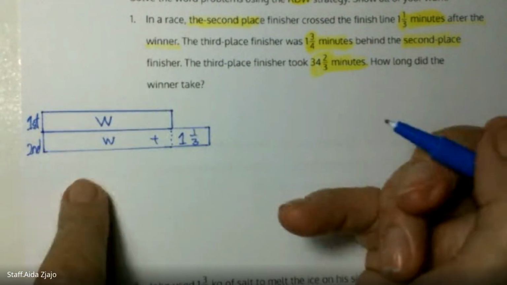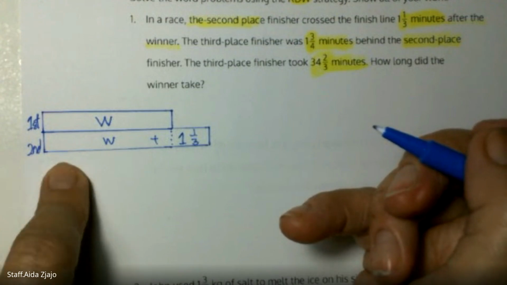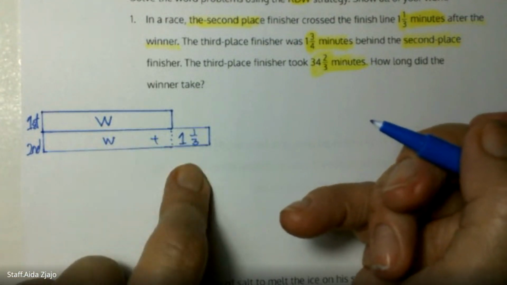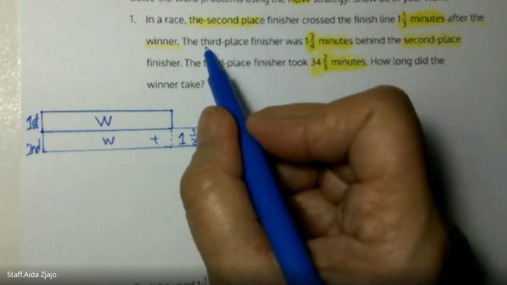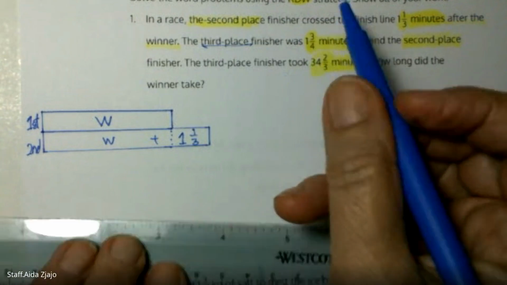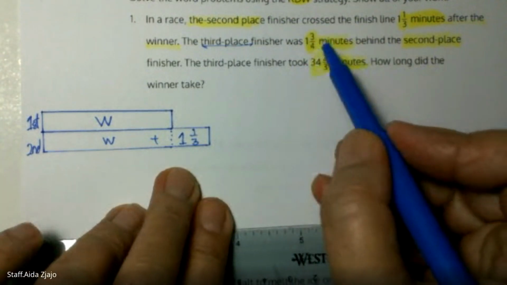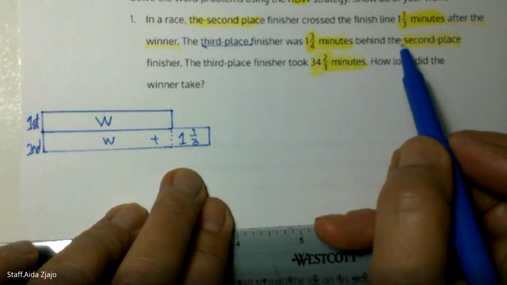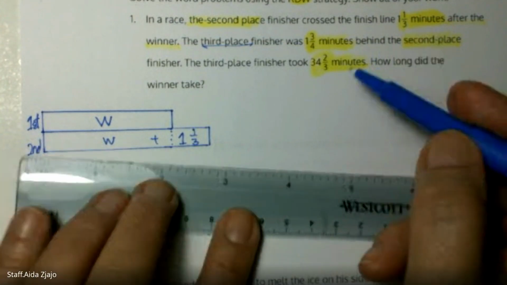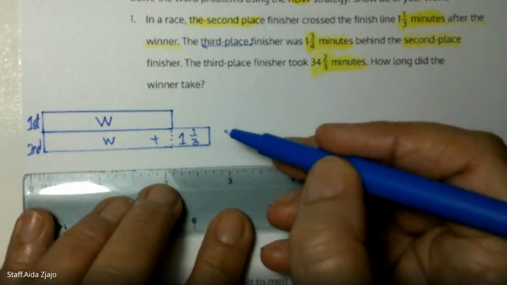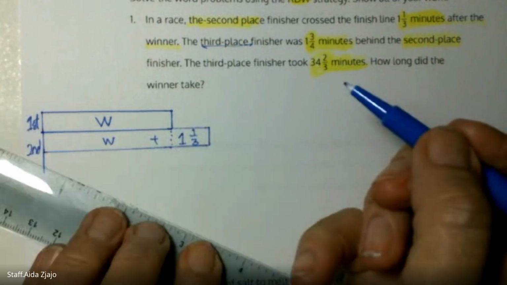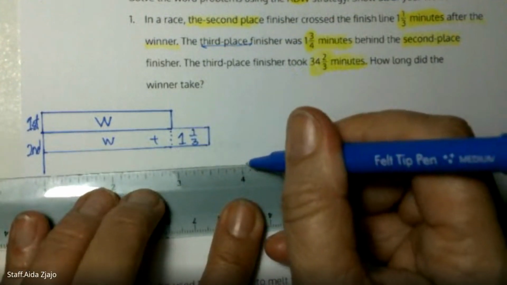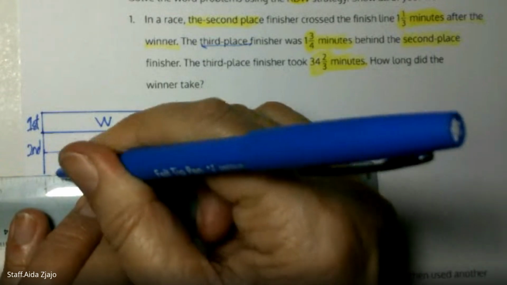And that is how we find the second place. Second place is winner plus 1 1/3. And the third place says that it's 1 3/4 minutes behind the second place. So if this is second place, the third place should show all this and a bit more.